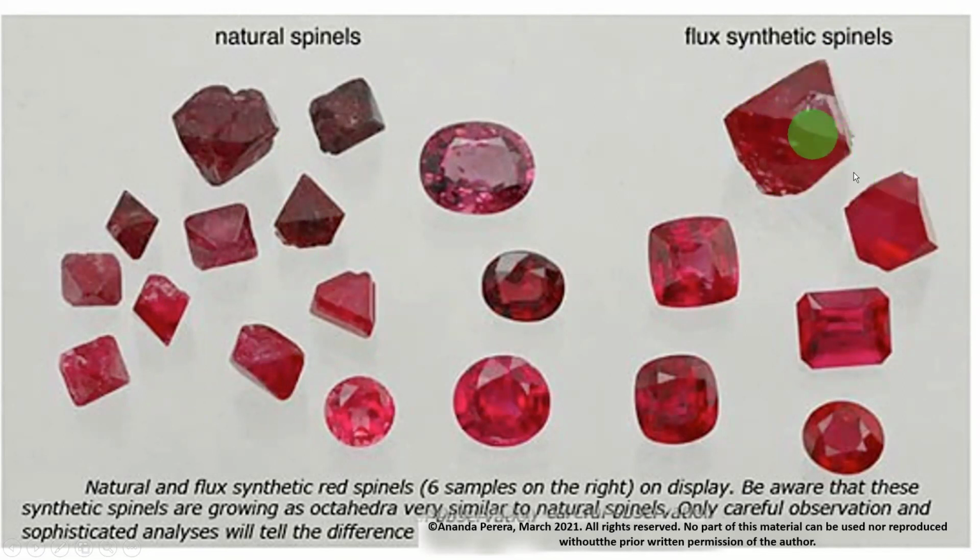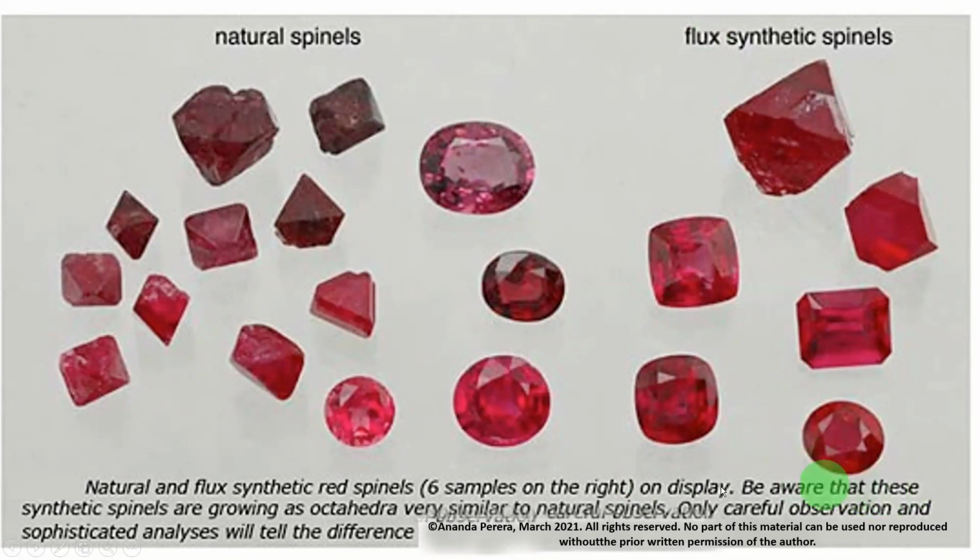See, same. Be careful. You have to get the lab certificate to know the difference between natural and synthetic, like amethyst. Natural and flux synthetic red spinels here. 6 samples on the right are on display. These are the synthetic spinels. Flux means the method they used.